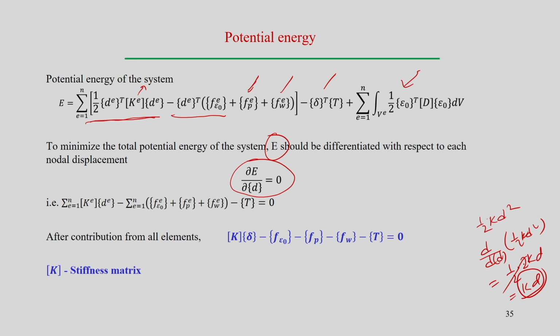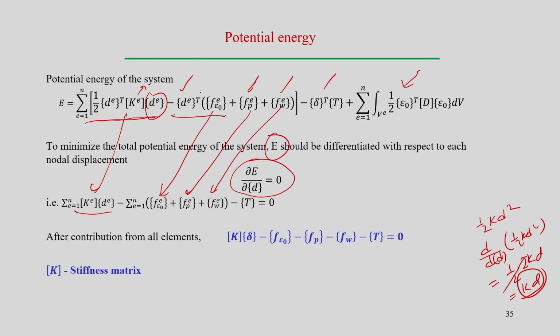With respect to the displacement d, we get this term, the derivative k into d, and only the constant term will remain because we take the first derivative. There is also some displacement field associated with it. So this term will directly come and this term will directly come.